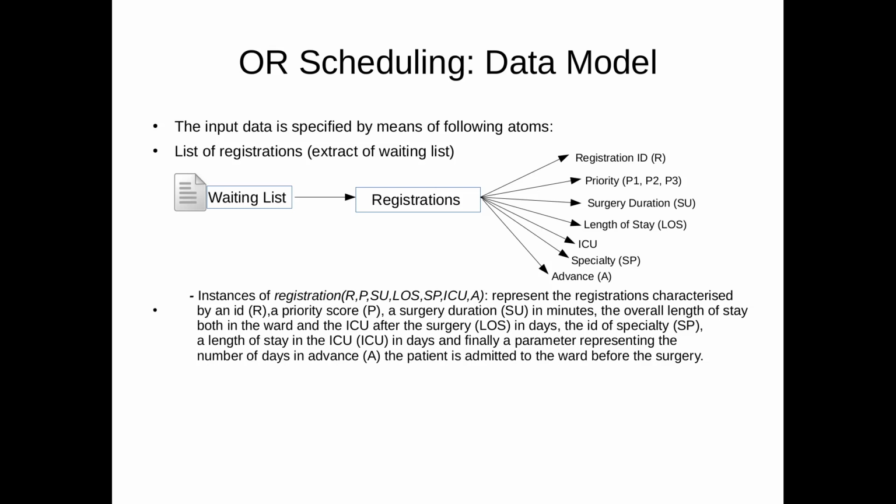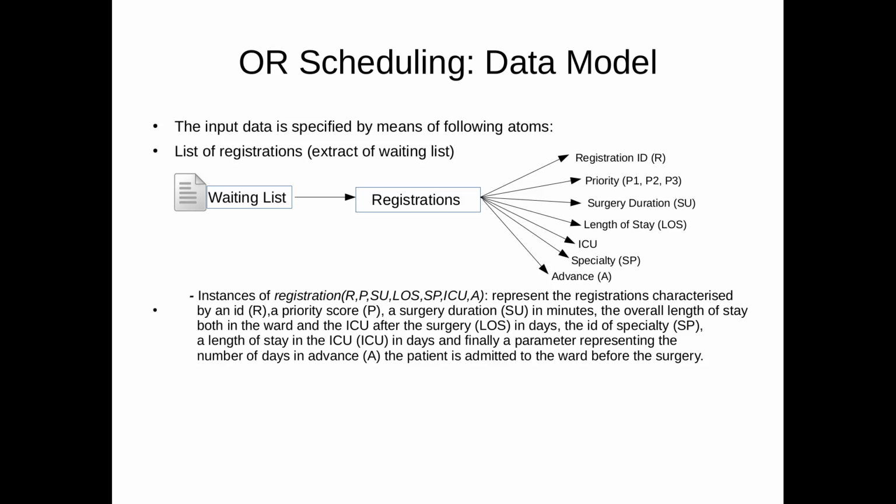The patient doesn't come on time, and a lot of things happen, so the 5-day schedule period is recommended. Okay, so as far as the registration is concerned, a patient should have a registration ID, the priority of the patient, whether high priority or low priority, and the surgery duration for that particular patient. Then the length of stay, the entire length of stay of the patient from admission into the OR all the way to the ward. So it's the complete duration of stay for that particular patient. The ICU: if a patient is shifted to ICU after the operation, it's a critical situation.